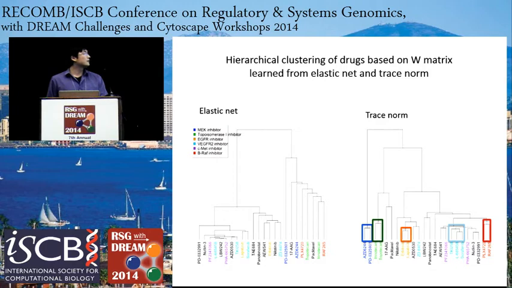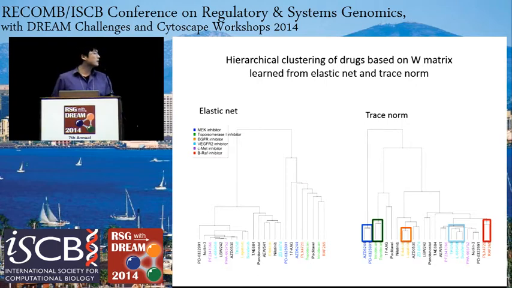Here, drugs that have the same mechanism of action have the same color. So in ElasticNet, drugs of the same mechanism of action do not cluster very well together, whereas in the trace norm case, drugs sharing the same targets really cluster close to each other.